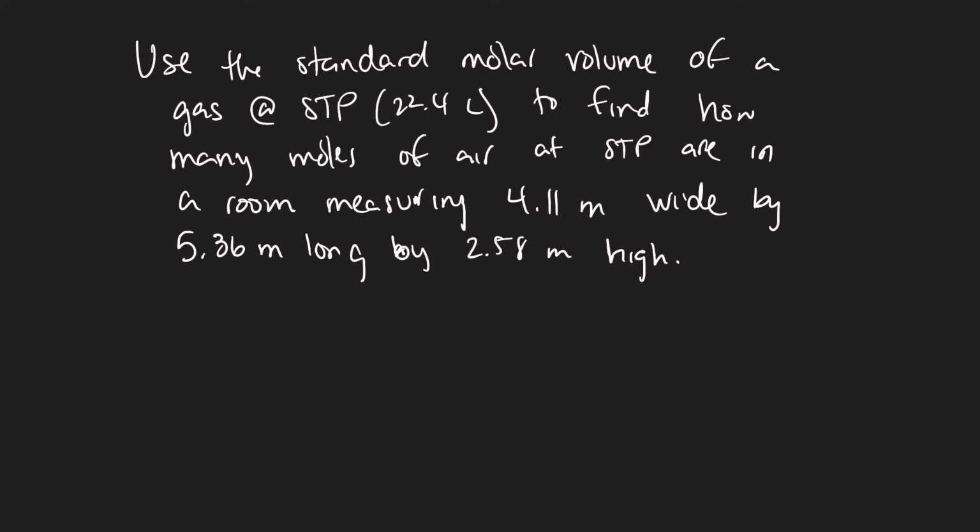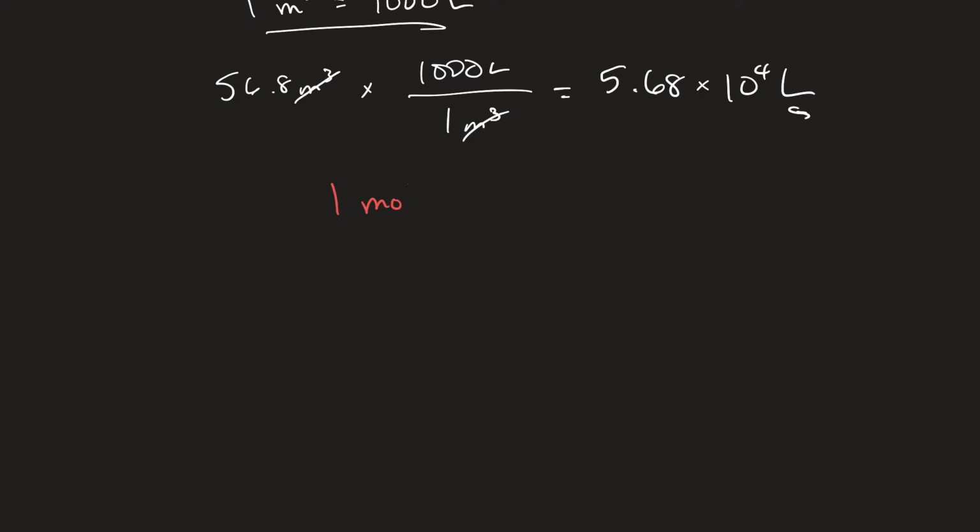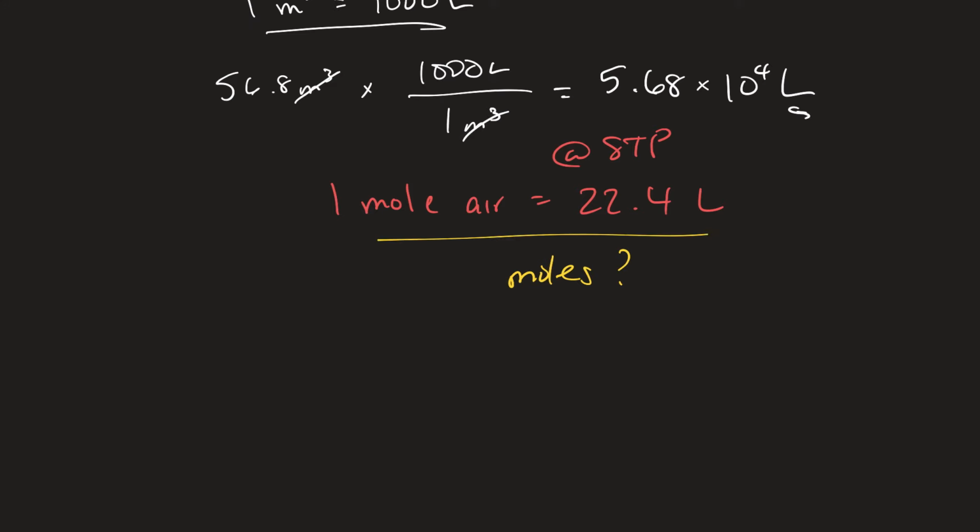Now what we're going to do is figure out how many moles of air will take up this much space. Well, what's the relationship we know? We know that 1 mole of air at STP specifically takes up 22.4 liters. We're trying to figure out how many moles, so we can use this conversion to get from liters to moles.